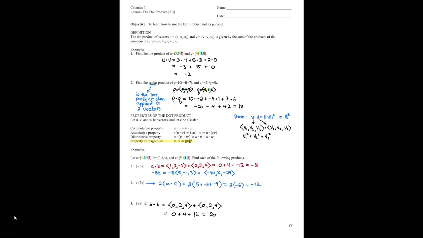But what I'll do is I'll just chuck it in here because I don't like hocus pocus in my proofs. So what I'll say is the magnitude of V, and I'm going to use a triple equal sign here.